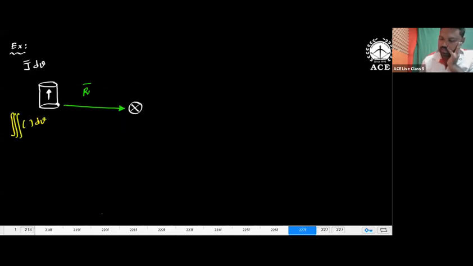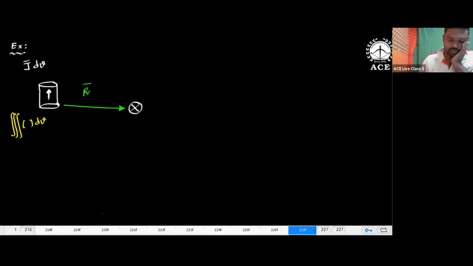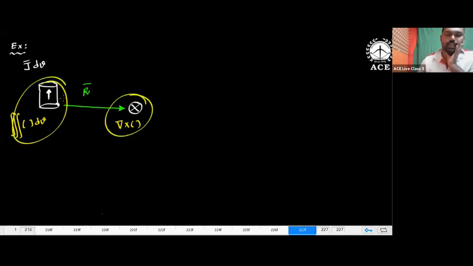This del is acting on the field point. So the field point is here, the source point is here.